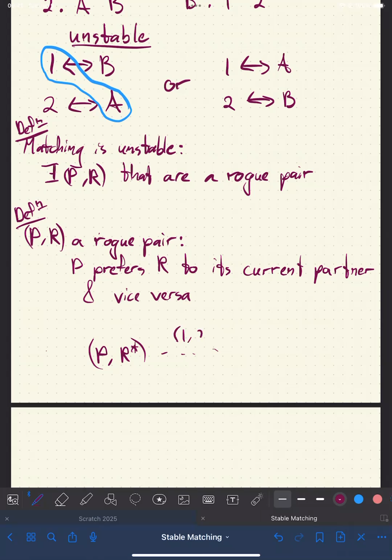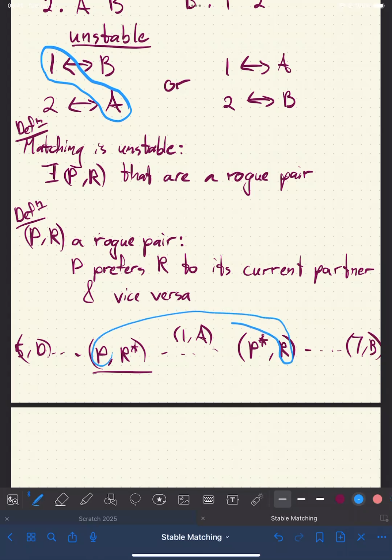Let's say like 1 is paired with A, and over here there's like 5 is paired with D, and so on. But there's going to be some P and R star, and a P star, and an R. And again, maybe there's more matchings here where like 7 is paired with, I don't know, B. But P and R are going to be a rogue pair if both P and R prefer each other to their current partner.